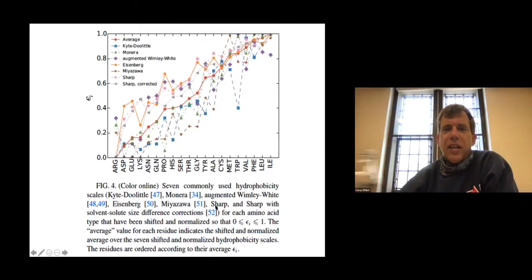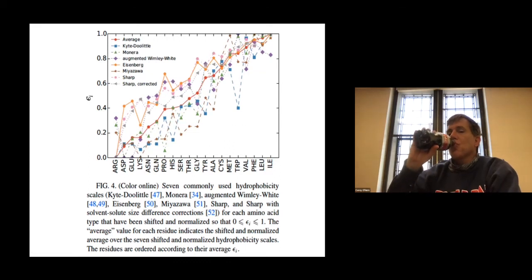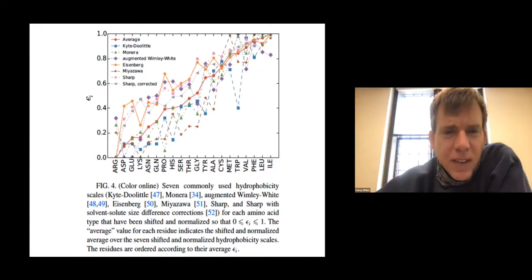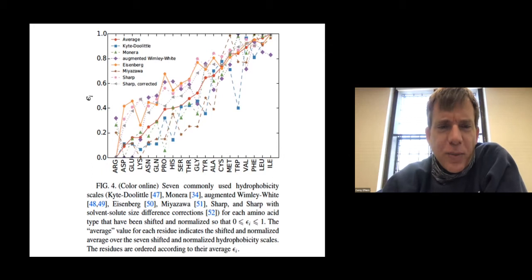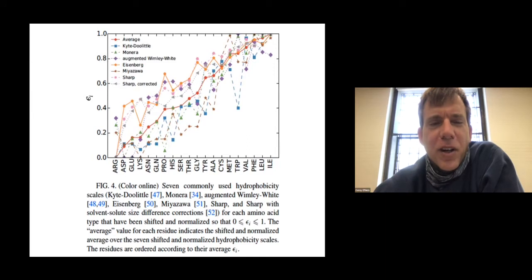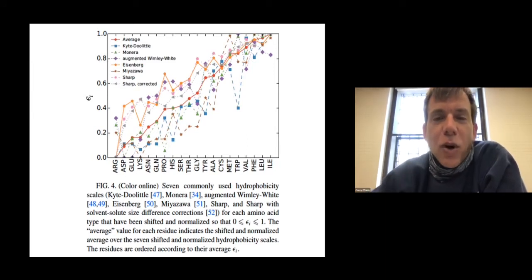So this slide indicates the hydrophobicity index. The hydrophobicity index goes between 0 and 1 to a large degree, or you can come up with a hydrophobicity index that just talks about the relative probability for a residue to be within a protein core.